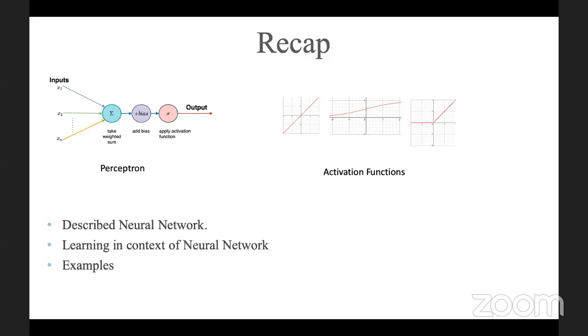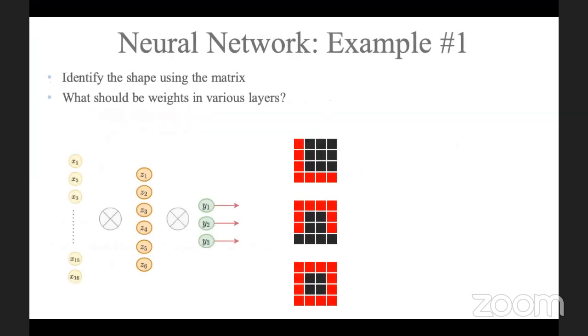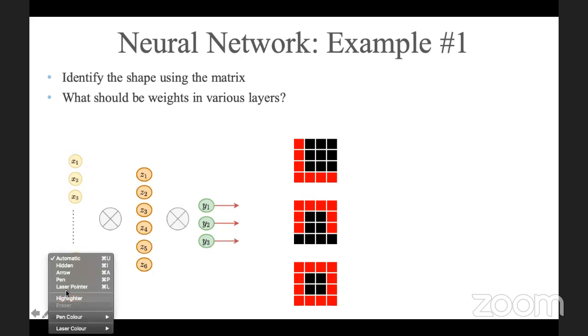I was hoping to finish it, but I don't think it will be possible, so we'll take it forward in the next lecture. But this is what we had last time. We had this neural network with 16 inputs, 6 hidden neurons and 3 output neurons, and we wanted to identify these shapes.